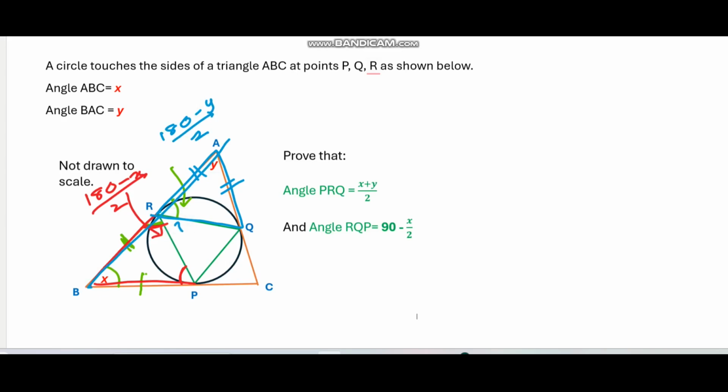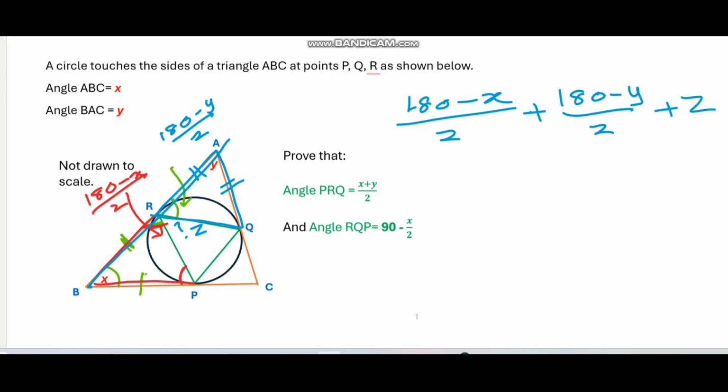Remember, this is the angle that we are after. I'm just going to call that z. So we have (180 minus x) divided by 2, and then the other (180 minus y) divided by 2. Add these two and z should give us 180 degrees because those three angles are in a straight line.